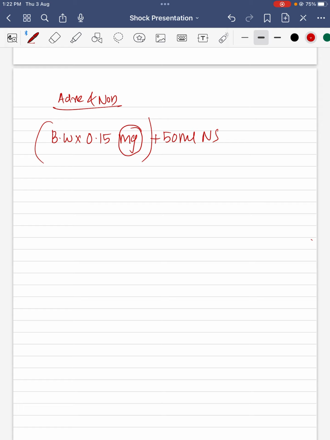Suppose a 10 kg baby, 10 into 0.15, which comes to around 1.5 mg of adrenaline plus 50 ml of NS.